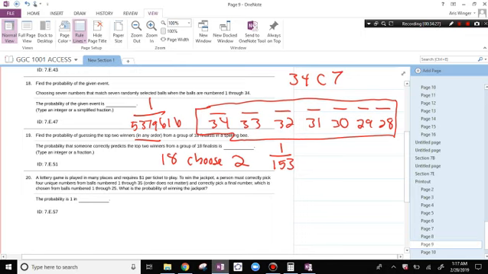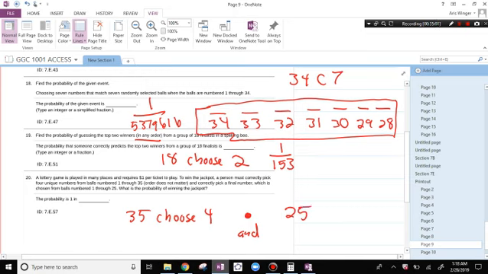A lottery game is played in many places and requires $1 per ticket to play. To win the jackpot, a person must correctly pick 4 unique numbers from 35. You don't care about the order, so it's 35 choose 4. And we learned last time that and means multiply. You must also correctly pick a final number, which is chosen from the balls numbered 1 through 25.